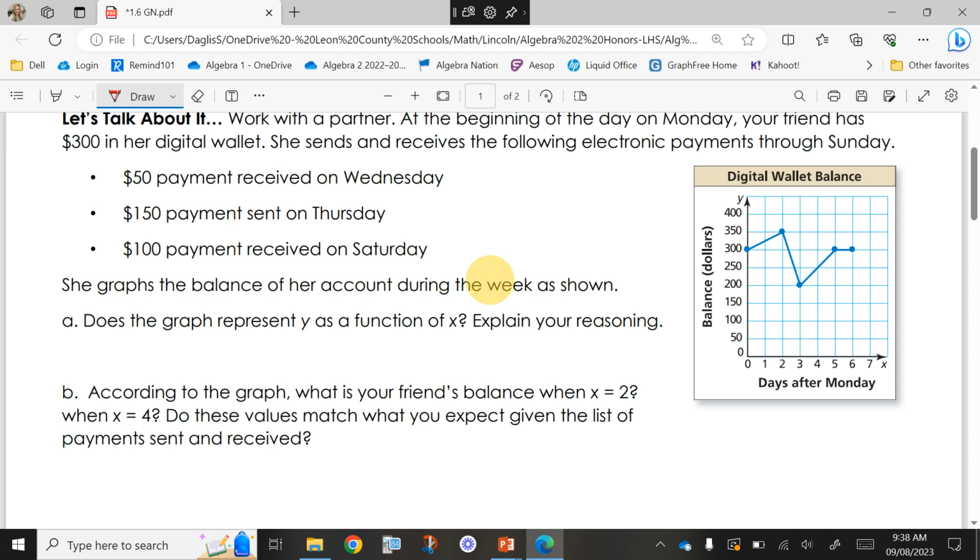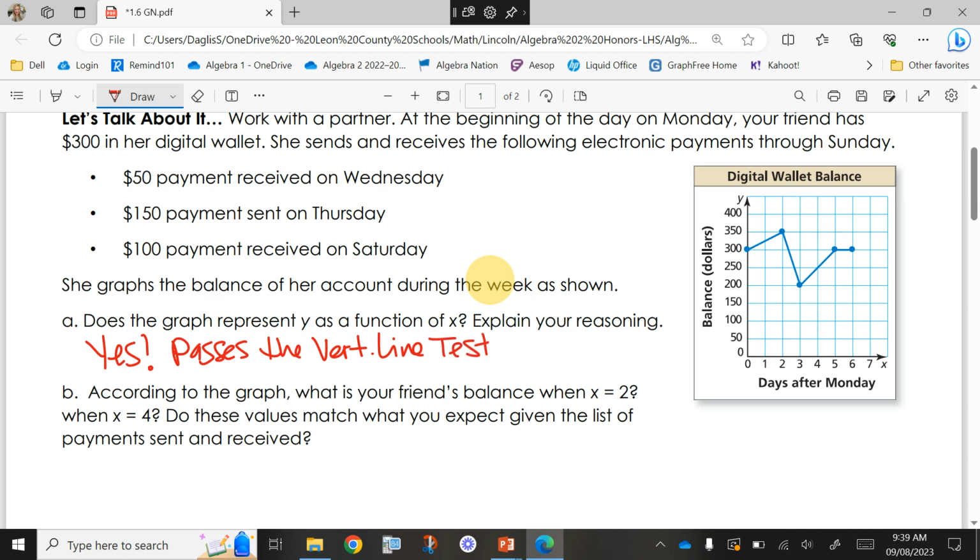The definition of a function is that each input has a unique output, right? Remember doing that? Your x's cannot repeat, but your y's can repeat. So this is yes. This is a function. Yes. It passes the vertical line test.